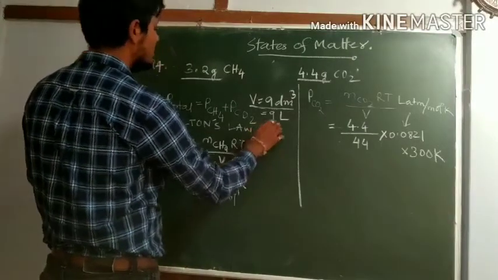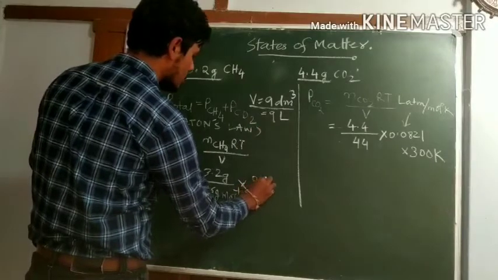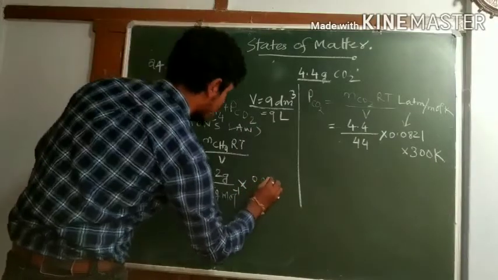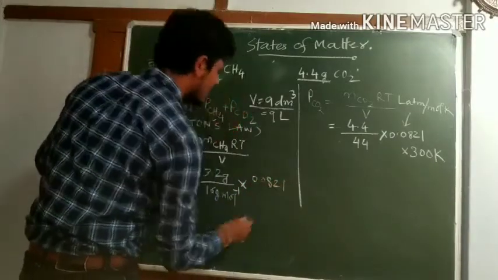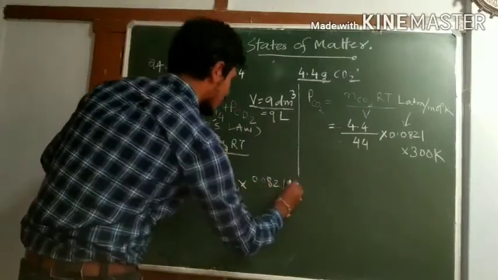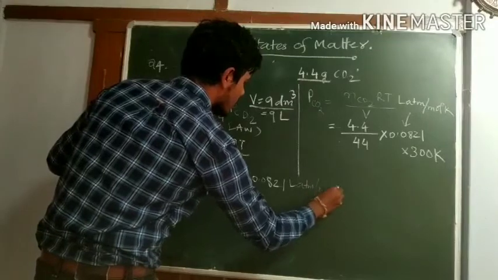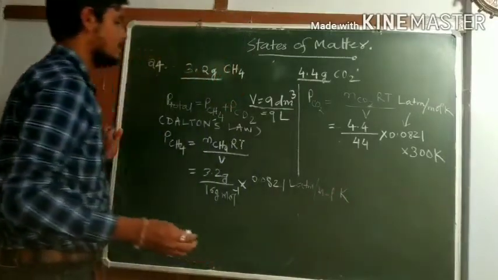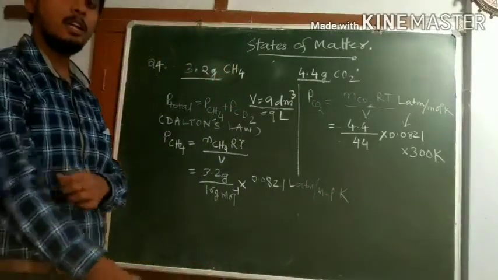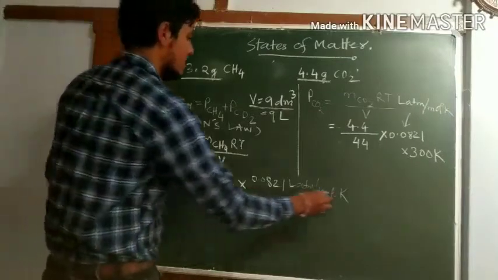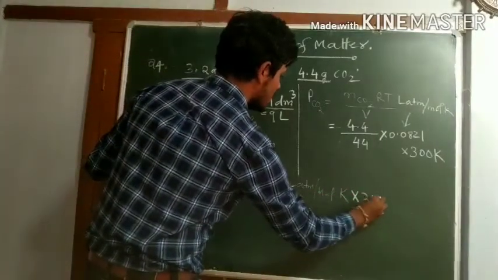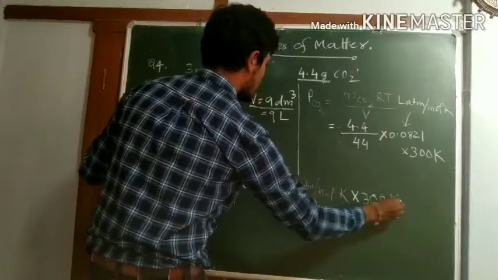Since volume is in liter, the value of R will be 0.0821 liter ATM per mole per Kelvin. The temperature is 27 degrees Celsius or 300 Kelvin.